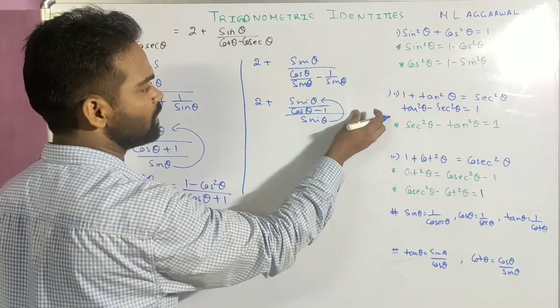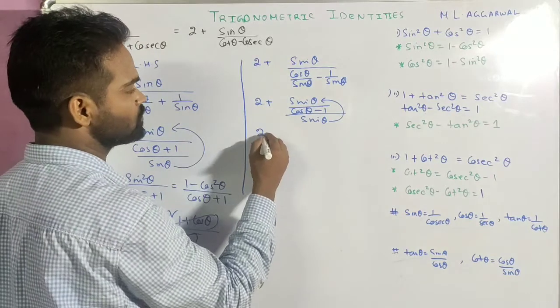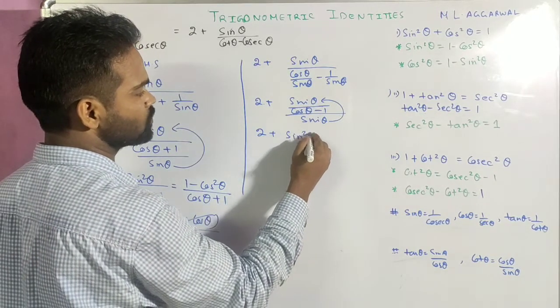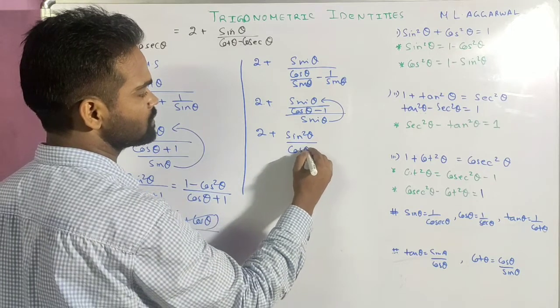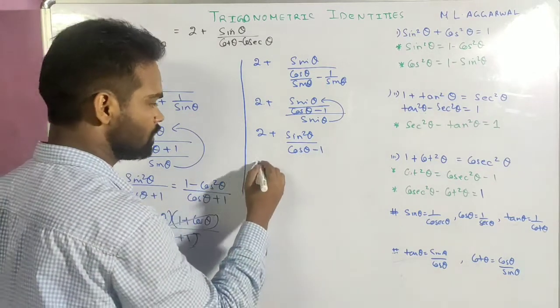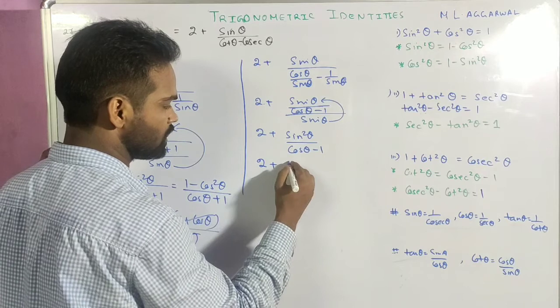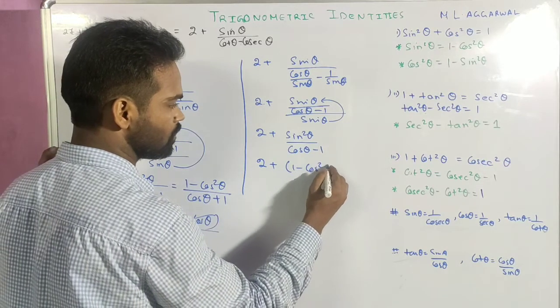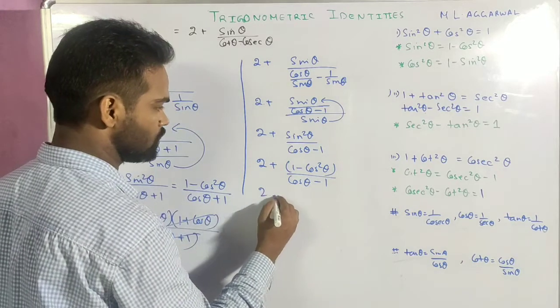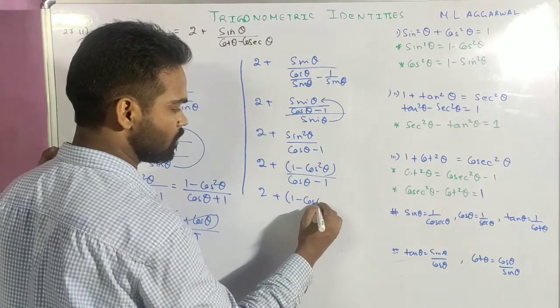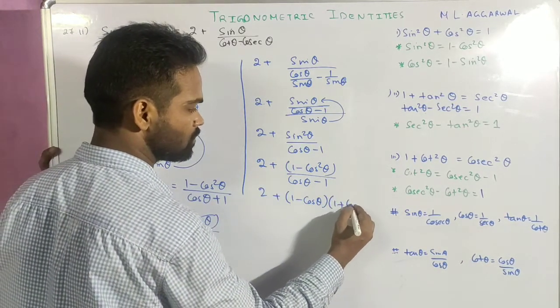Now these two get multiplied. So it becomes 2 plus sin square theta by cos theta minus 1, isn't it? See, 2 plus sin square theta, I can write 1 minus cos square theta by cos theta minus 1. Now 2 plus, this is 1 minus cos theta, 1 plus cos theta.